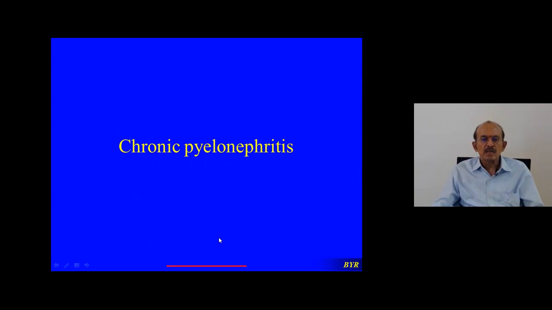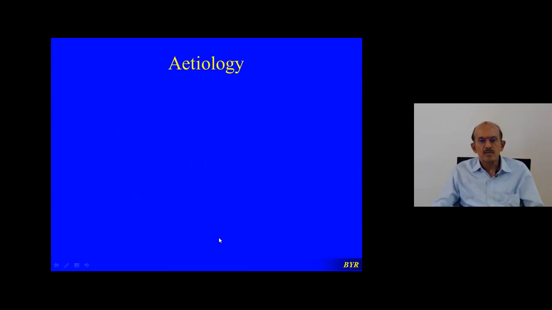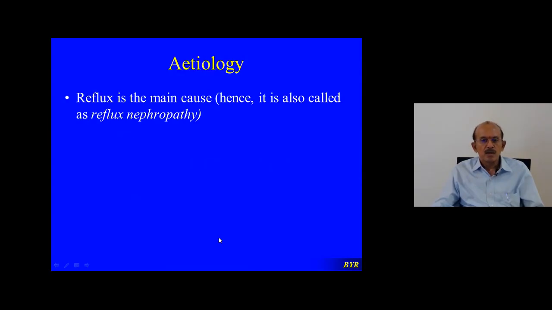Next is the chronic pyelonephritis. Reflux is the main cause here. So repeated infections occurring due to reflux produces this nephropathy, chronic. So what is the main histological feature in any chronic inflammation?